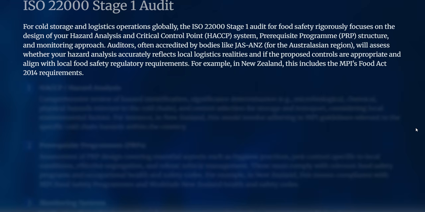For cold storage and logistics operations globally, the ISO 22000 stage 1 audit for food safety rigorously focuses on the design of your hazard analysis and critical control point systems, prerequisite programs, PRP structure, and monitoring approach. Now think about that part.